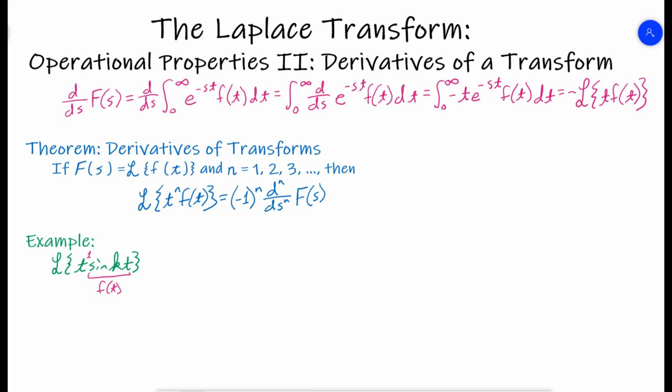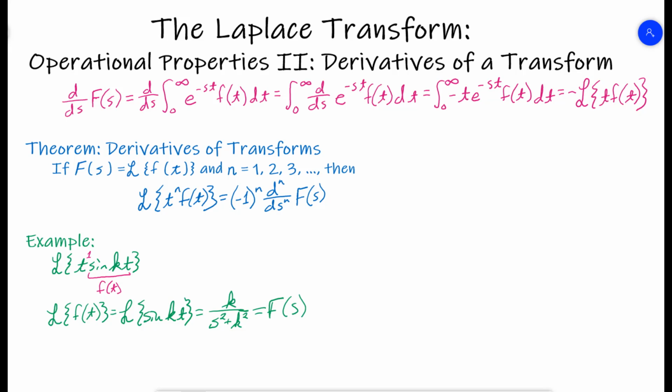And we already know that the Laplace transform of this f of t that I've identified, so the Laplace transform of sine of kt, we already know from a previous theorem to be k over s squared plus k squared. So this is going to function as our capital F of s.